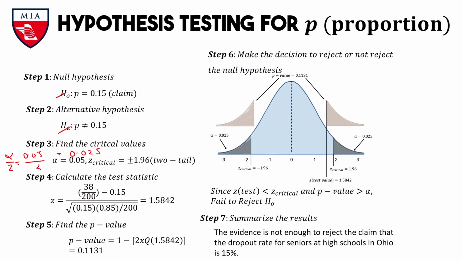In terms of two-tailed testing, we will depend on the negative value, and we will just assume that the value in the positive region is the opposite value. If this is negative 1.96, this will be positive 1.96. So let's look at the table.